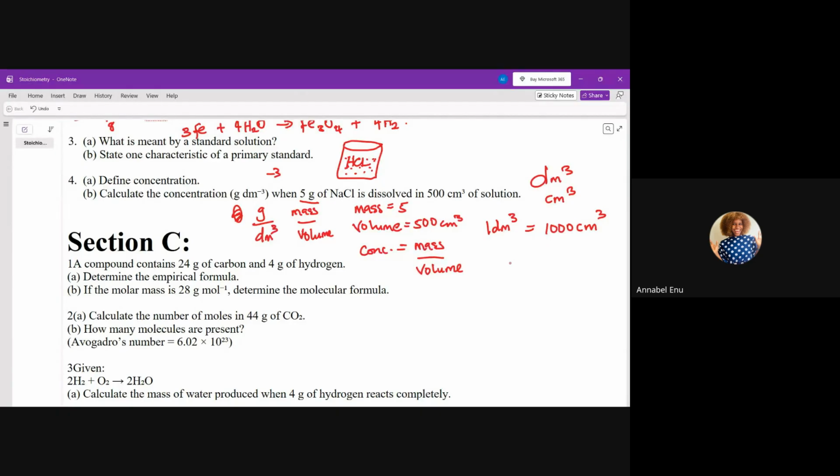What I was doing there was showing you how to derive it. If one dm cube gives us 1000, now we are looking for how many will give us 500 centimeters cube. So it's like writing the dm cubes on one side, the centimeters cube on the other side, then we compare.